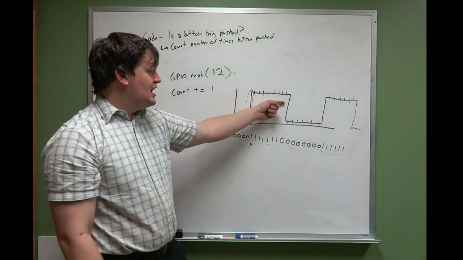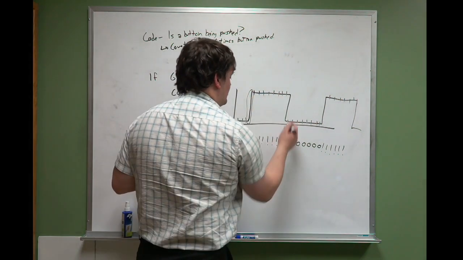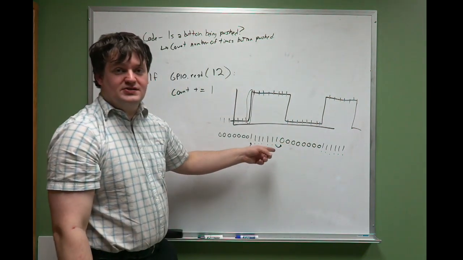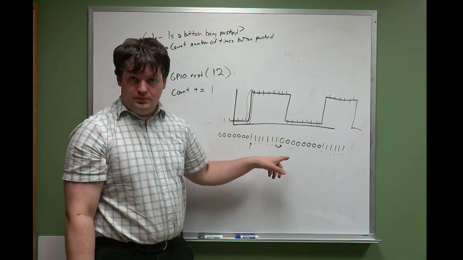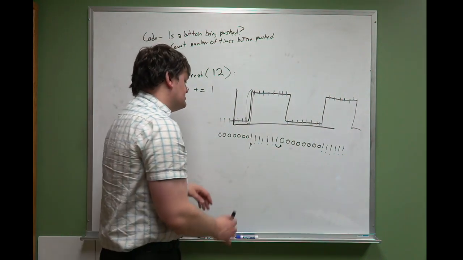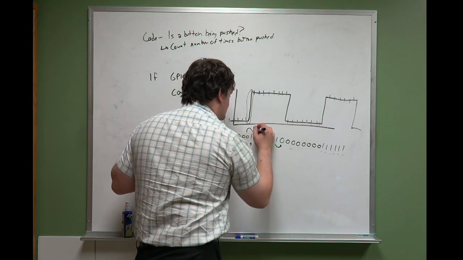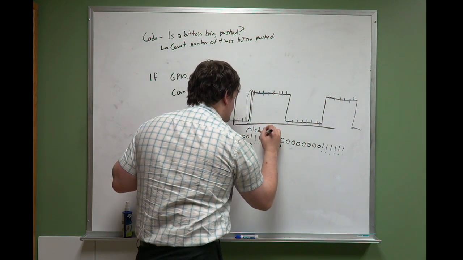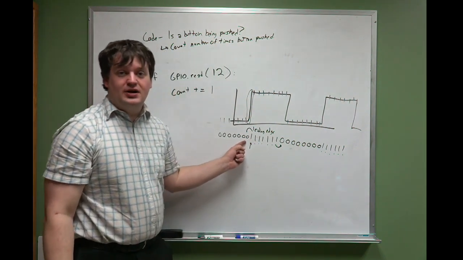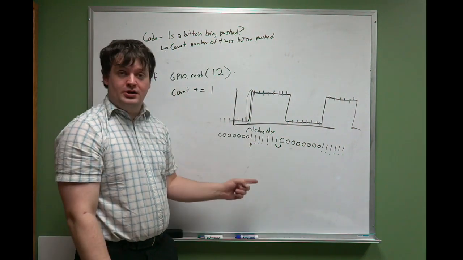When it starts high and ends low, so here we have a transition from high to low, this is the button being let go. This is a trailing edge. So here, this is the leading edge, because it starts at 0, 0, and then the next value is 1.